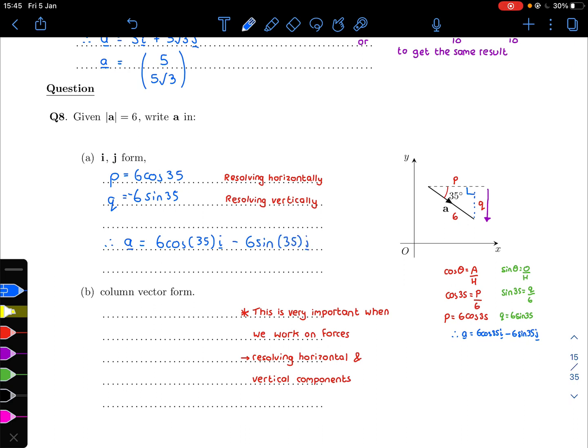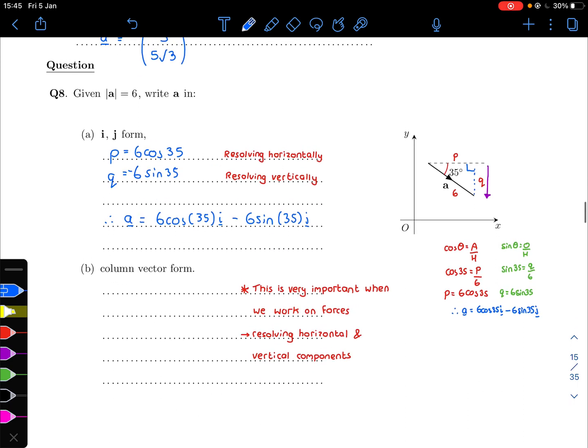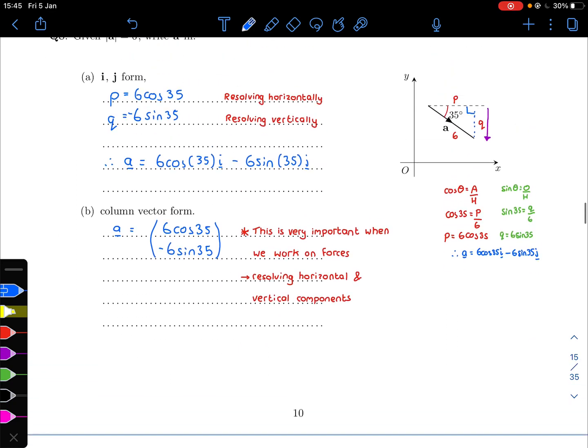That's putting it in ij notation, horizontal with i and vertical with j. For column vector format, now that we've got them, we just put them in: horizontal on top, vertical underneath. Okay, that's the end of this video. We're going to look at the similar thing but in 3D in the next video.